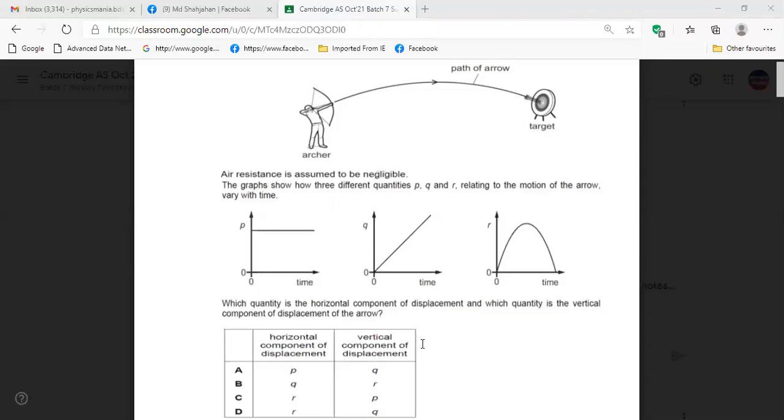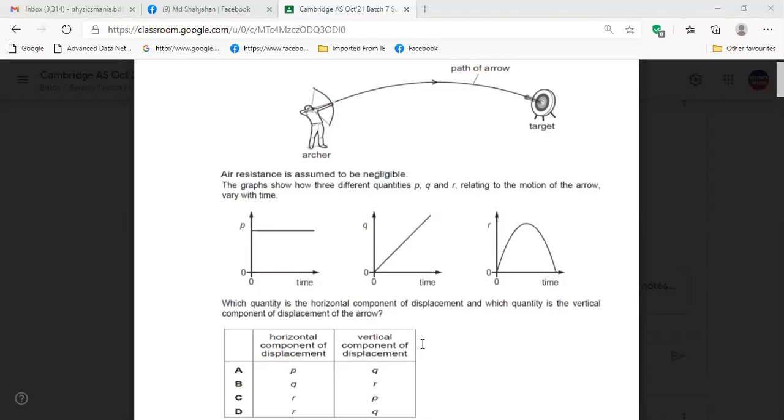The second one you already told is the horizontal component of displacement, Q, right? And now we have two other diagrams. Which one is showing you the vertical component of displacement? I gave you already one clue. At the beginning, the displacement was zero, and at the end also displacement zero, right?